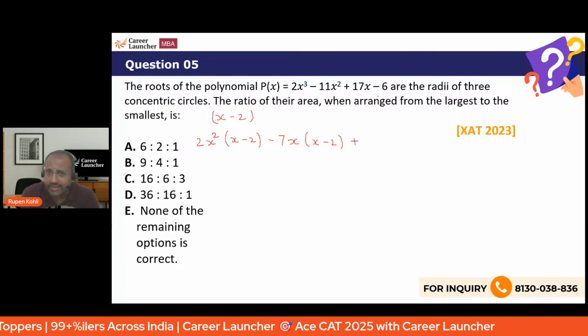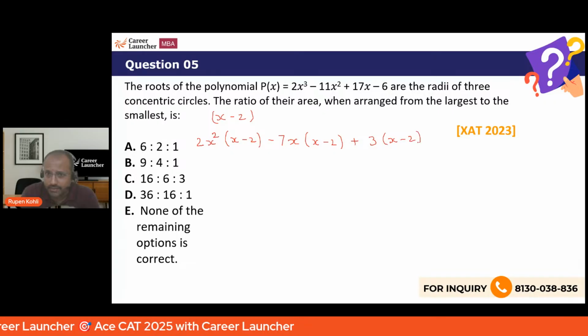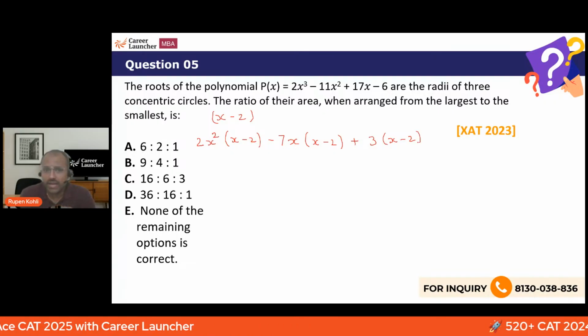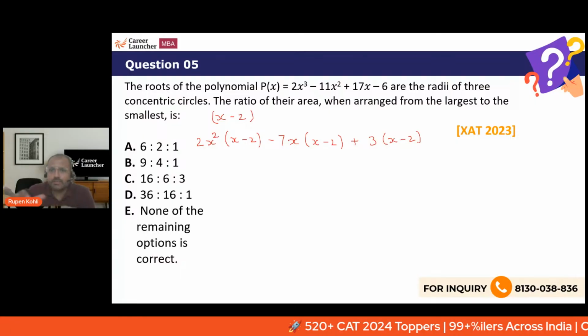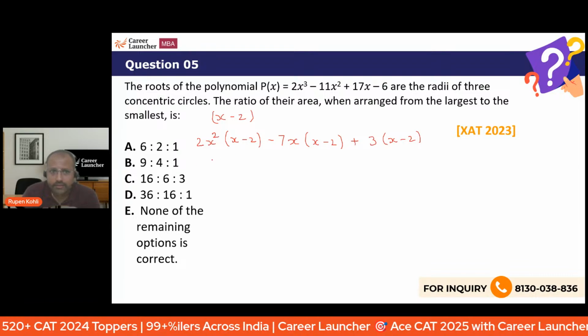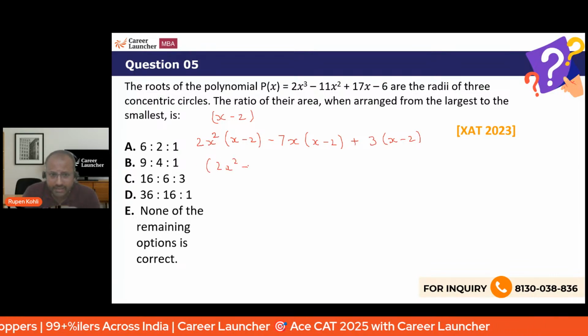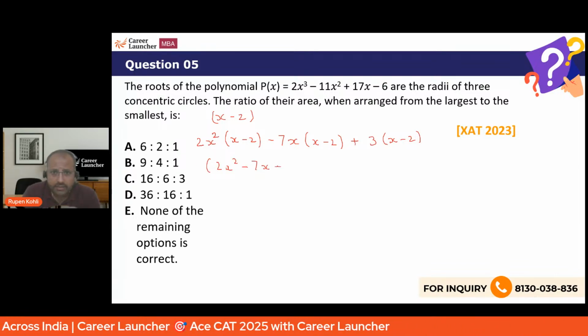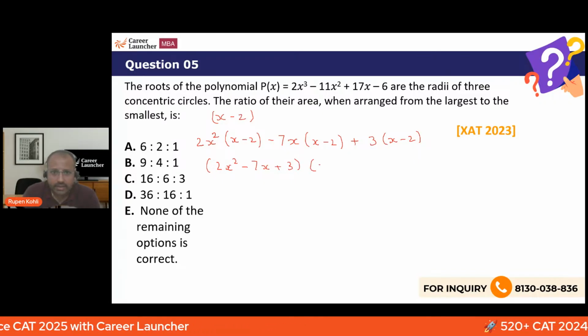And now you can see that it is 3x minus 6, which means 3 times x minus 2. I hope you understood what I have done. In each term consecutively, I have factored out x minus 2, and eventually I get the remaining factor, which is 2x square minus 7x plus 3, and x minus 2.